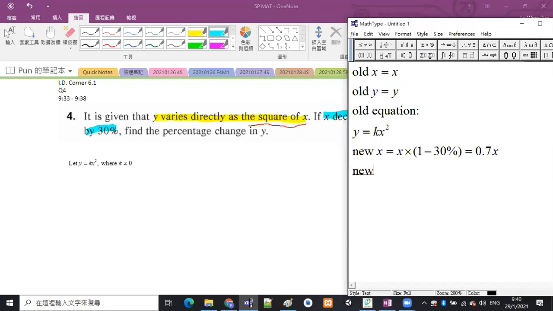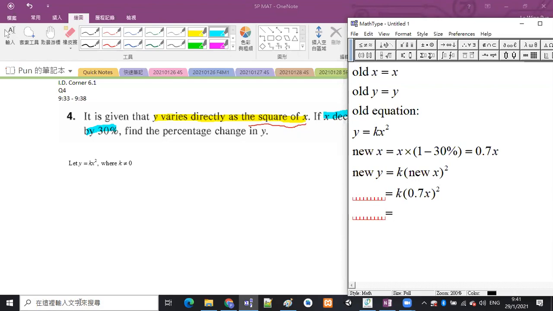Now, the most difficult part is to find the new y. New y is equal to k times (new x) squared. It always starts with this. But what is new x? We have already prepared it: it is (0.7x) squared.